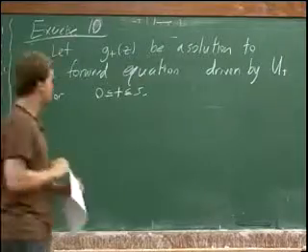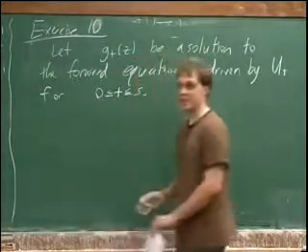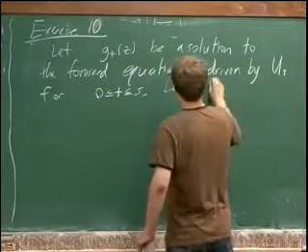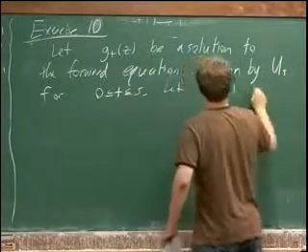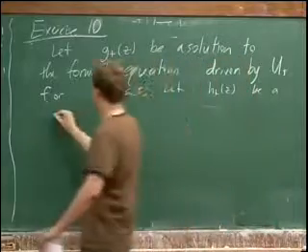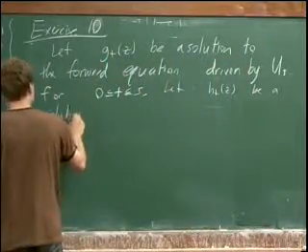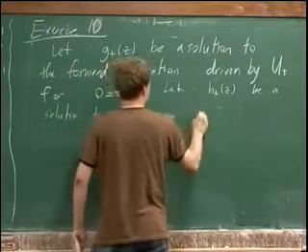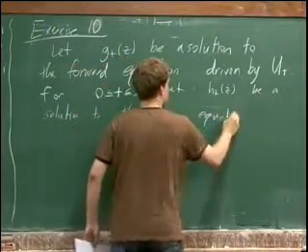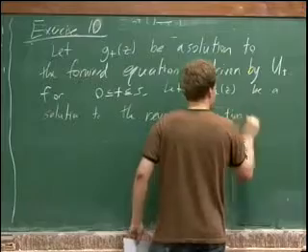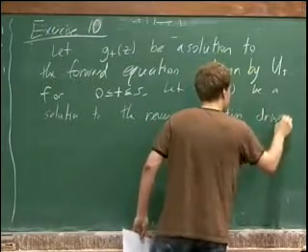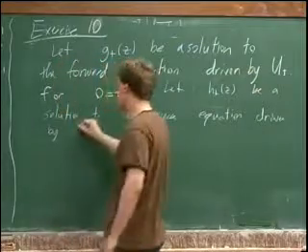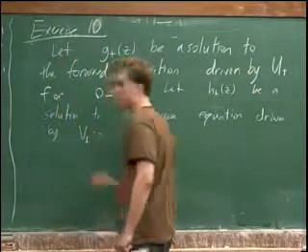Now, similarly, we're going to have h sub t be a solution to the reverse equation. So let h sub t of z be a solution to the reverse equation driven by v sub t. We need to define what it is.